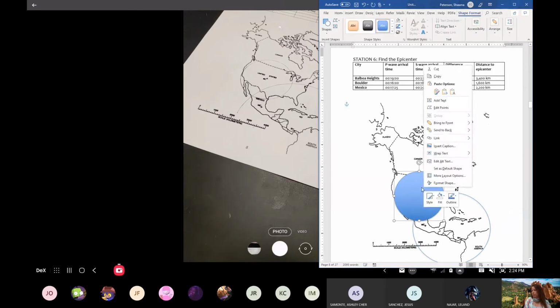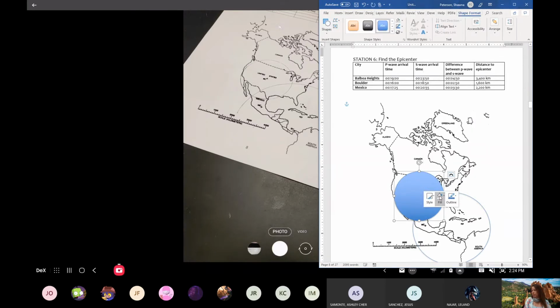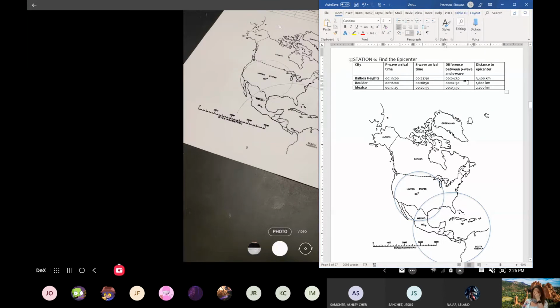Again, I know I'm not drawing on here perfectly, but come on. I'm trying to move too fast for my computer, I'm sorry. All right, so I've drawn on my second shape. That is very precise. Mine is worse.